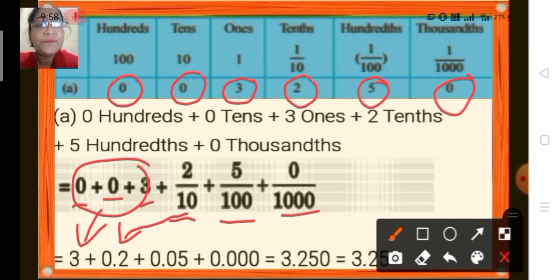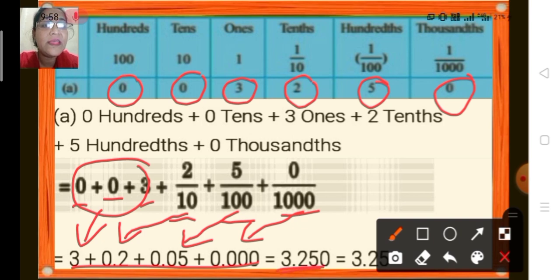The fraction 5 upon 100 will be written as 0.05, and the last fraction, that is 0 upon 1000, is written as 0.000. If we add these quantities, we will get the answer as 3.250. So here we got the decimal number as 3.25.